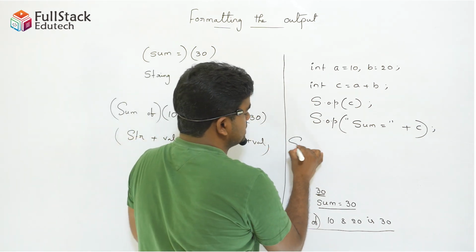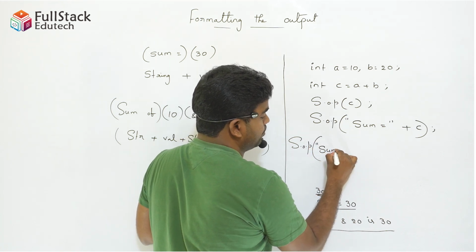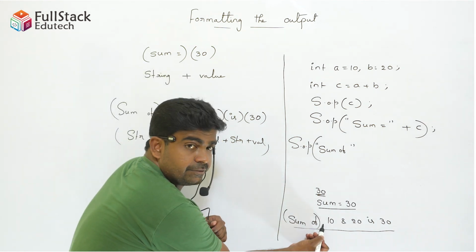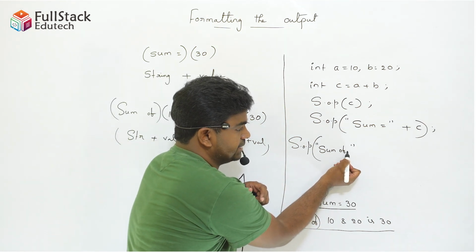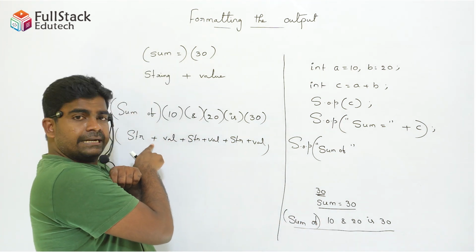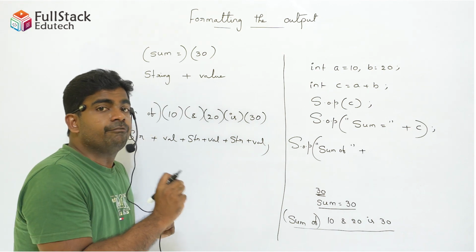So System.out.println, first the string "sum of", string close. If you need space in between, please use that space here. Next one is a value. So what do you have to write here? Plus value.